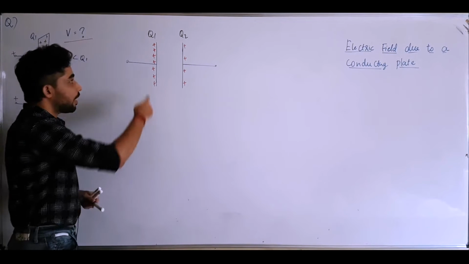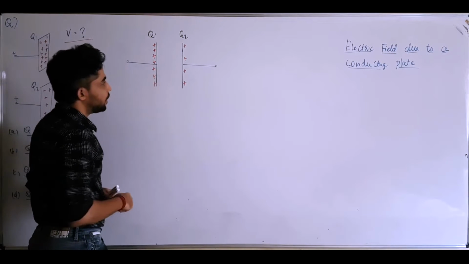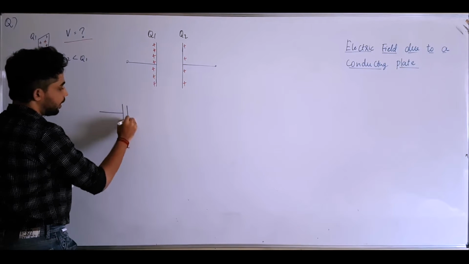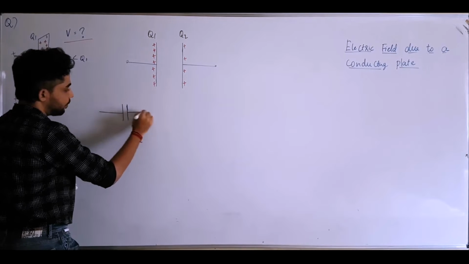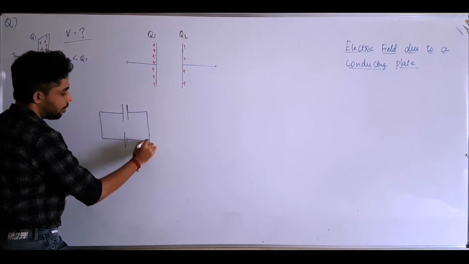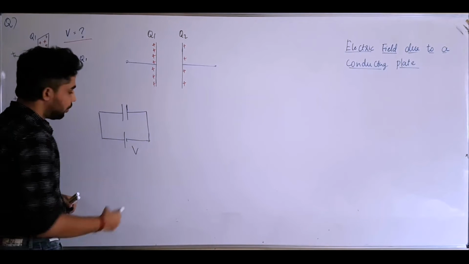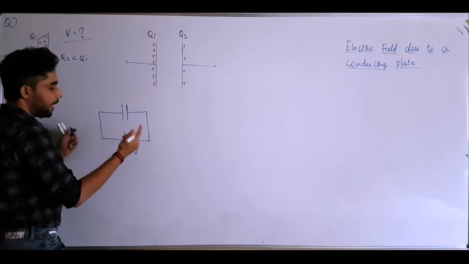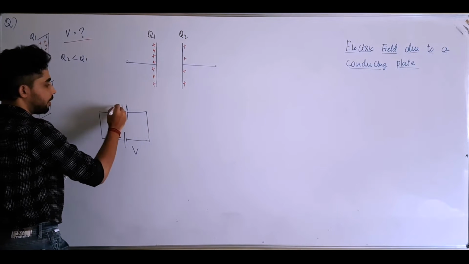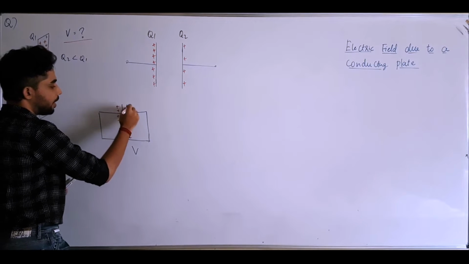As you can see, when you put two plates together, we have a capacitor. So if I consider a capacitor like this, say I'm connecting it across some potential V, we know that the charges will be pushed from either side and there will be a charge buildup on this capacitor, that is plus charge here and minus charge here.